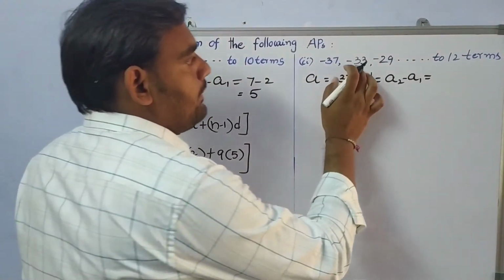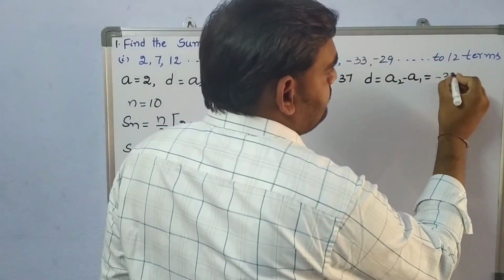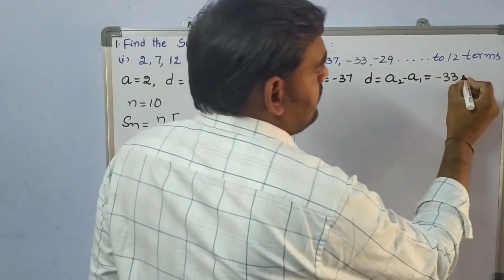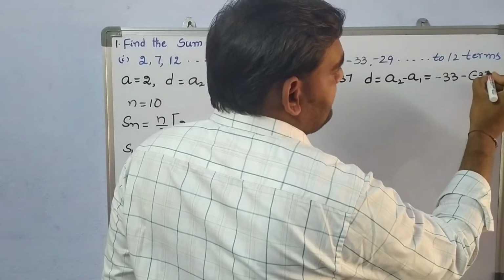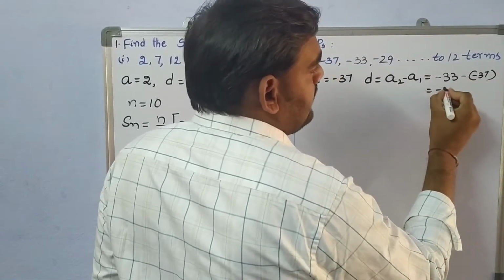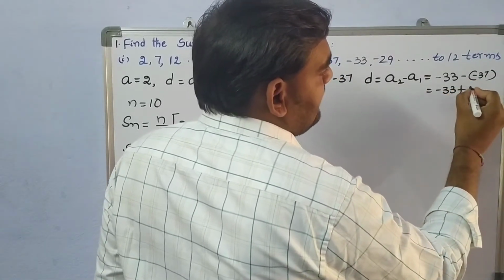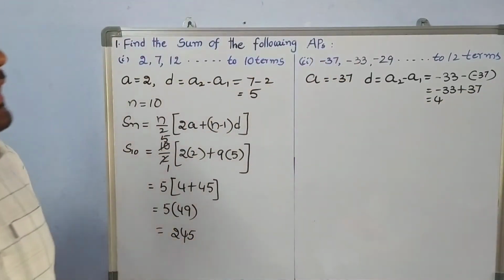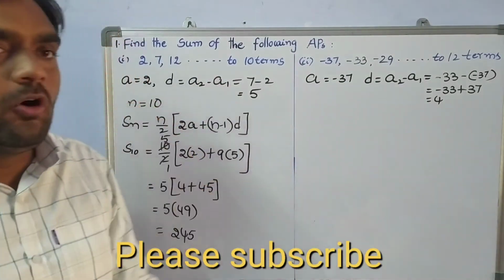What is a2 here? Minus 33. Next, a1 is nothing but minus 37. So minus of minus 37, now we will get minus 33 plus 37. So its answer is 4. Common difference d is equal to 4.